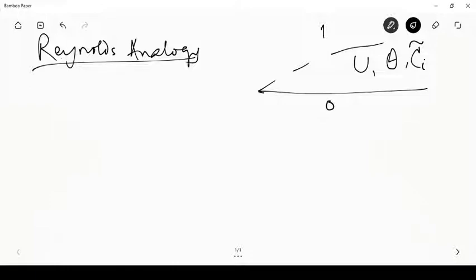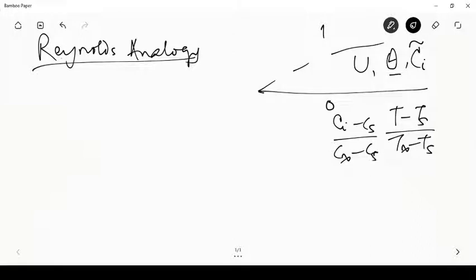U by U infinity: U is 0 here and U is U infinity here. Theta is T minus Ts divided by T infinity minus Ts. So at the surface T minus Ts is 0 and at infinity it is T infinity minus Ts, so this becomes 1, and similarly Ci minus Cs divided by C infinity minus Cs for concentration. So all these values become 0 at the surface and 1 in the free stream.